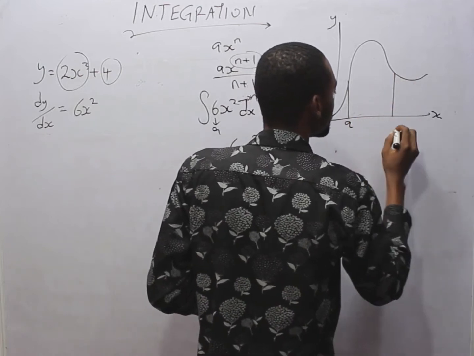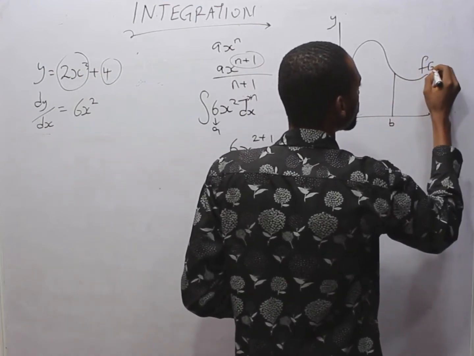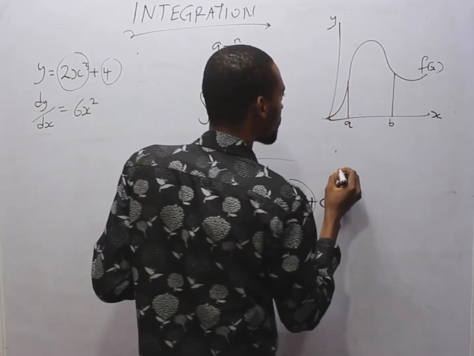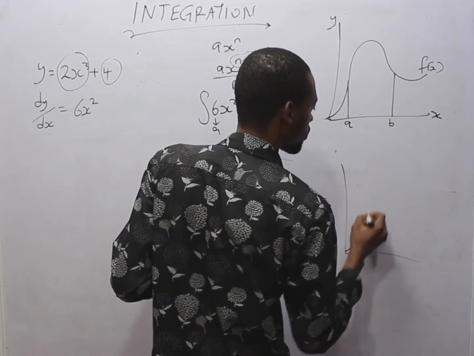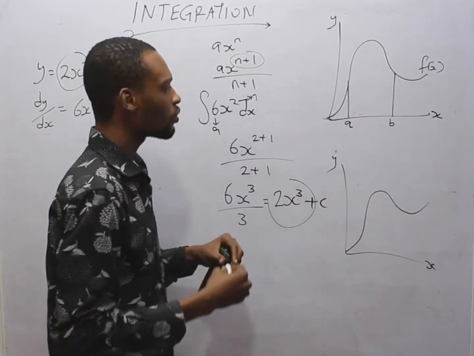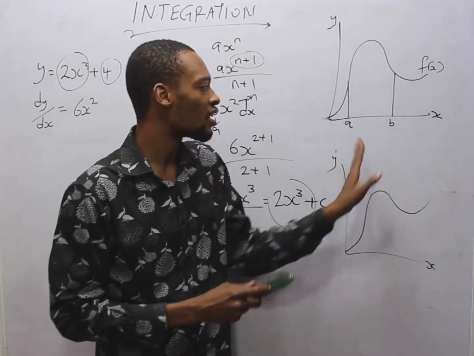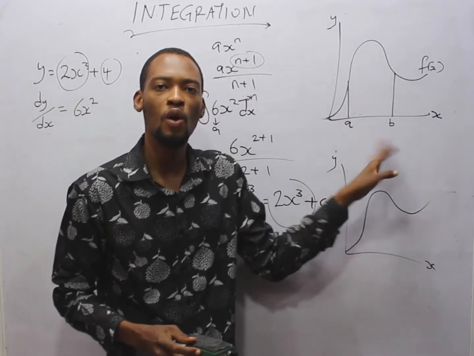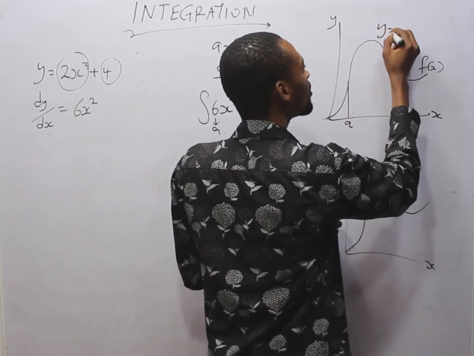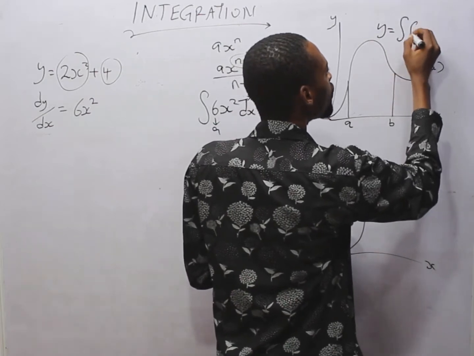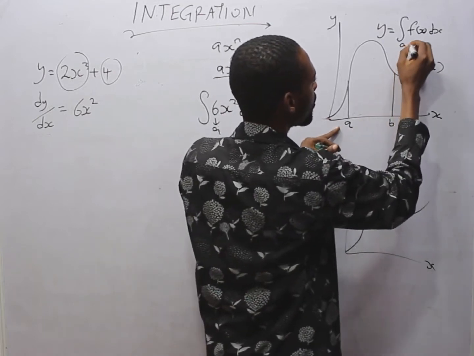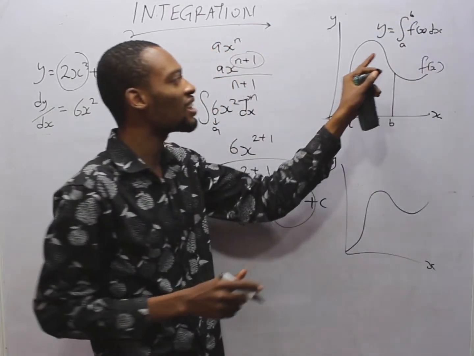If here is a, and here is b, and here is the function of s, with y and s, this is a definite integral. You can see we have the limits or boundaries. So integrating this, we simply have that y equals the integral of the function of s ds. Look at the limits, a to b. So that is a definite integral.